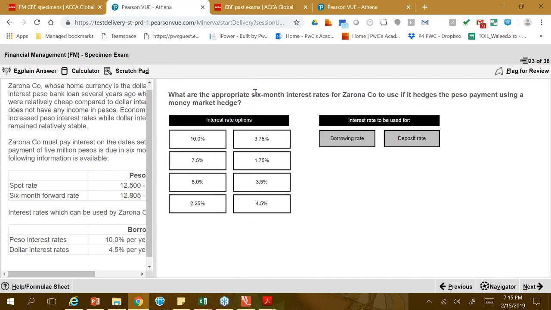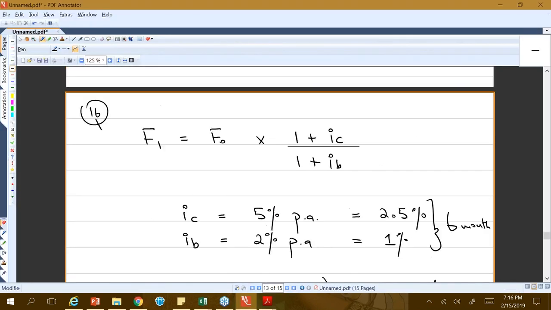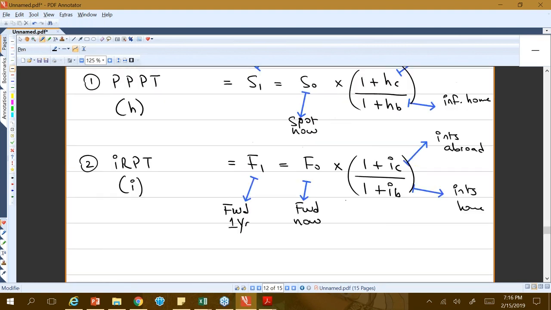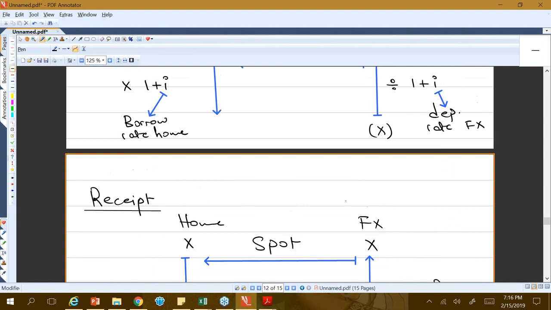What are the appropriate 6-month interest rates for Zerona to use if it hedges the peso payment using a money market hedge? Now, what I will need you to do is to go to the structure where I was explaining to you the money market hedge, and on that structure, go to the payment structure.